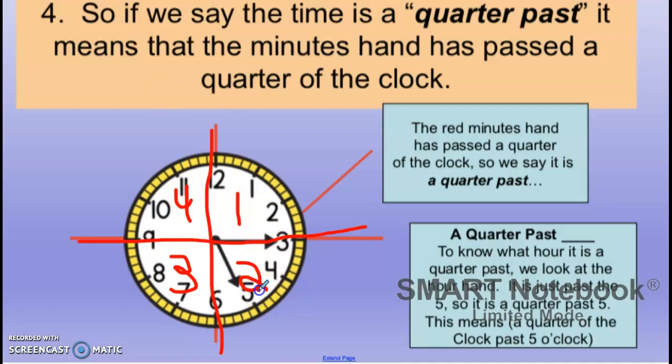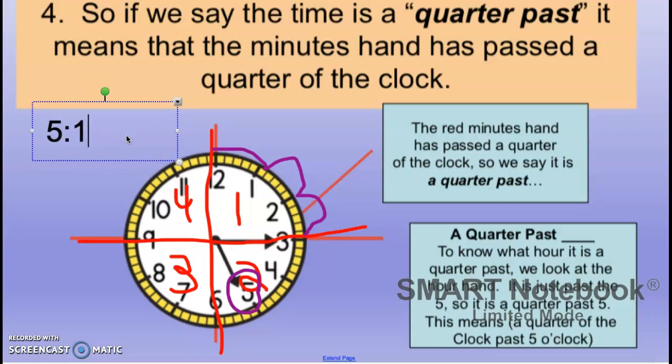Do you see it there? So it's not quite 6 o'clock, so it's 5 something. Okay, now I know that I can count by 5s. So 5, 10, 15. So if I were to write this using numbers, I would put 5:15.